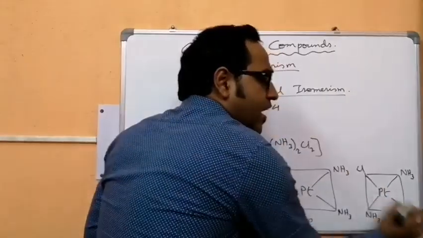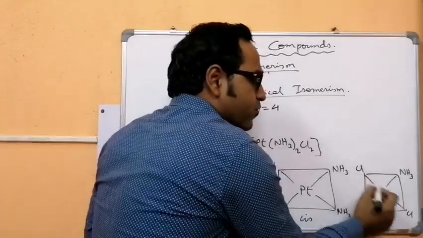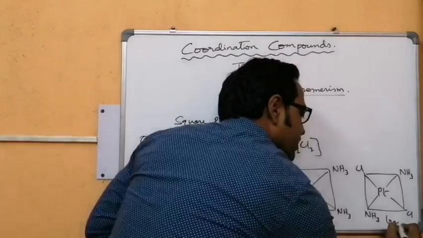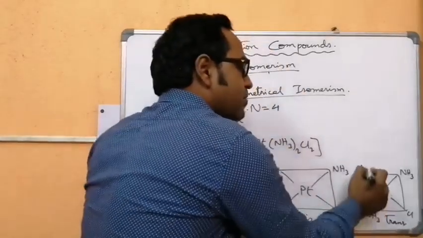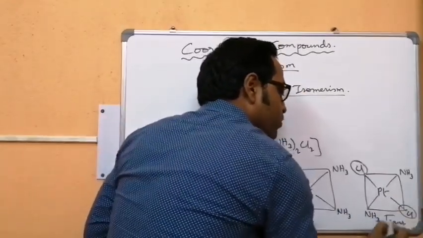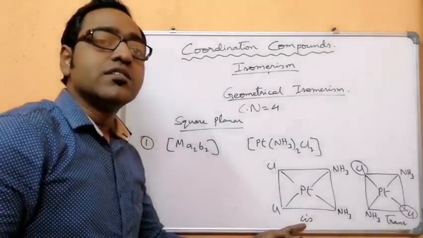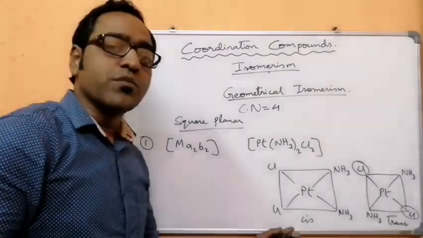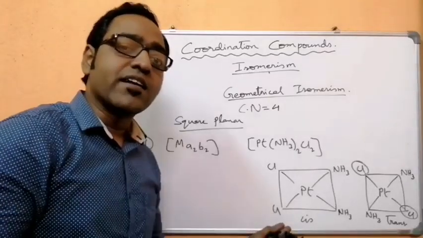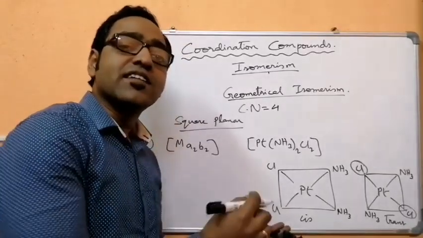If the same ligands are diagonally opposite, then it is called trans isomer. This cis isomer is called cisplatin and it is an anti-cancer agent.